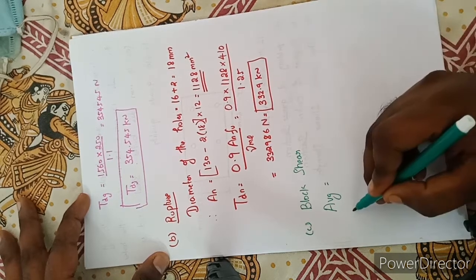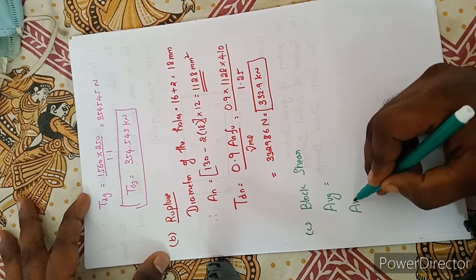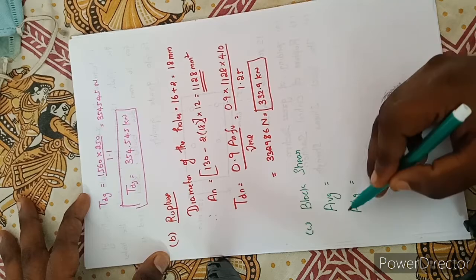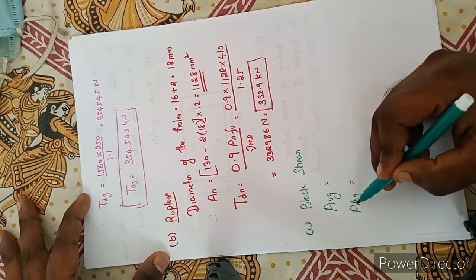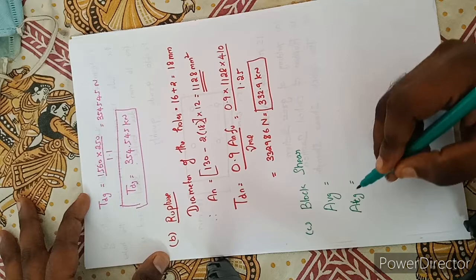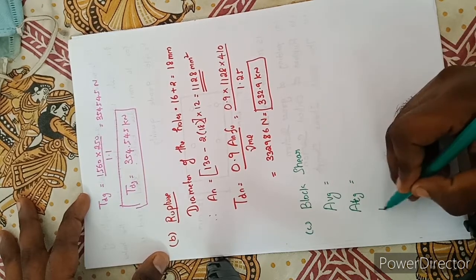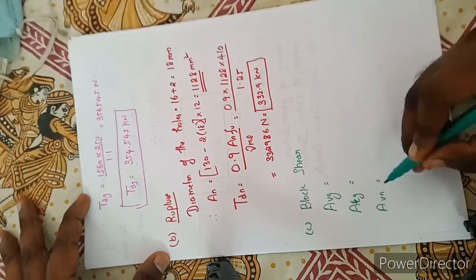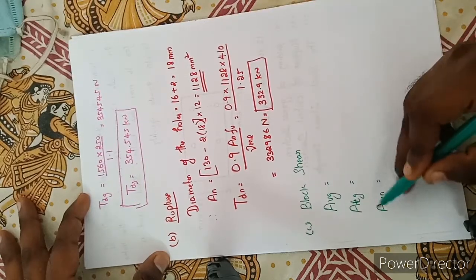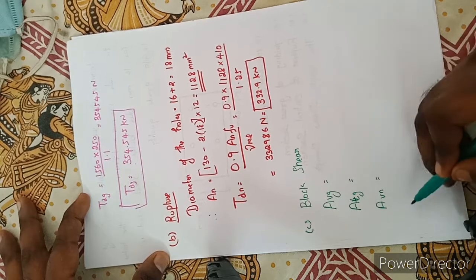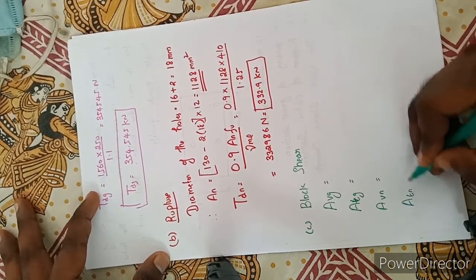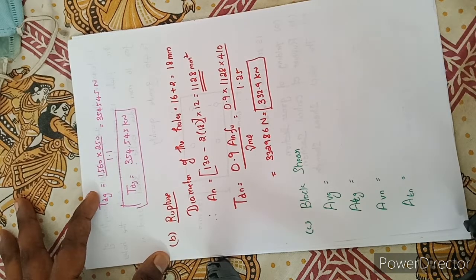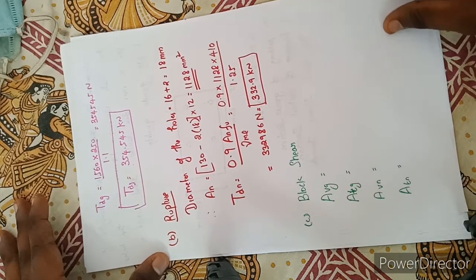Next, Atg, which is the gross area along the tension plane, T meaning tension. Next, Avn, which is the net area along the shear plane, and finally Atn, which means net area along the tension plane. First of all, we have to understand what is a shear plane and what is a tension plane.